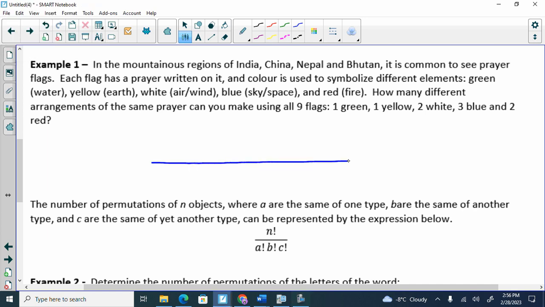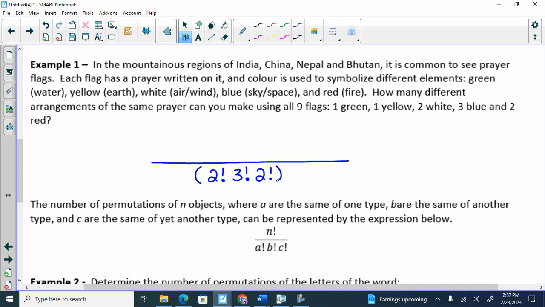So in the denominator, I'm going to immediately put 2 factorial for the 2 white flags, 3 factorial for the 3 blue flags, and 2 factorial for the 2 red flags. And that's going to get rid of the cases where 2 reds, and I flip the 2 reds, looks exactly the same. Okay? So when you have repetition, you immediately make yourself a denominator with the factorials.